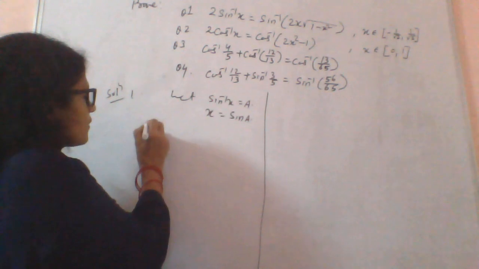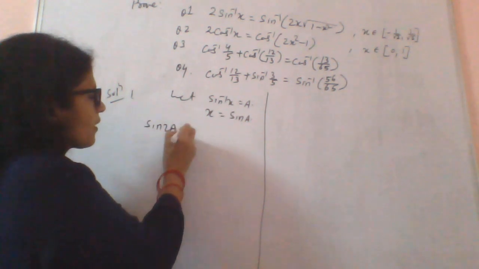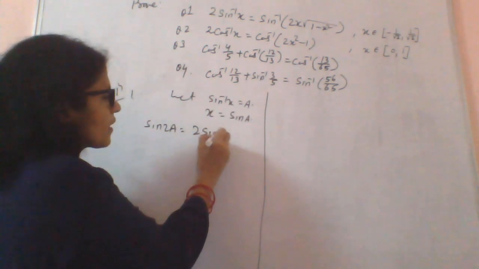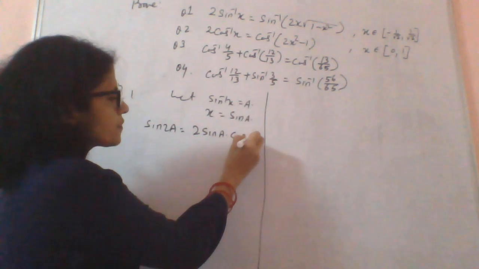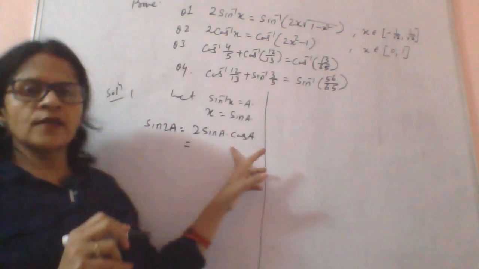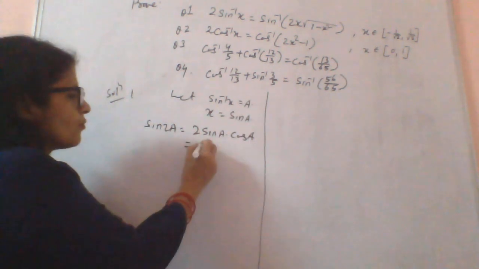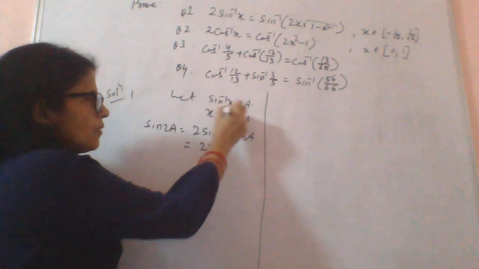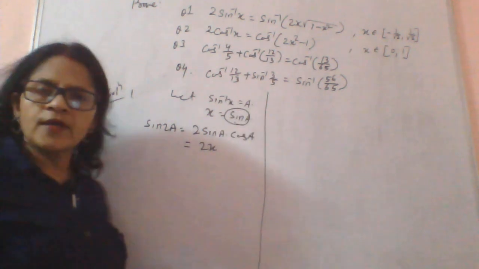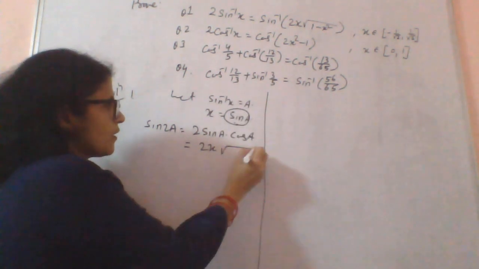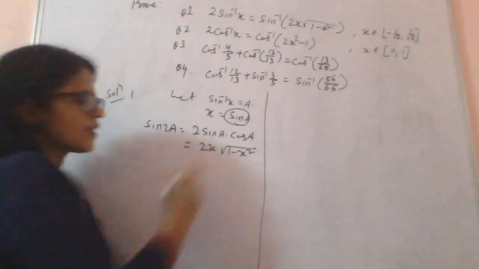So we start with sin 2a, which means 2 sin a into cos a. Sin a equal to x, so 2 into x. And if you have sin a, you can get cos a, that is equal to under root 1 minus x square.